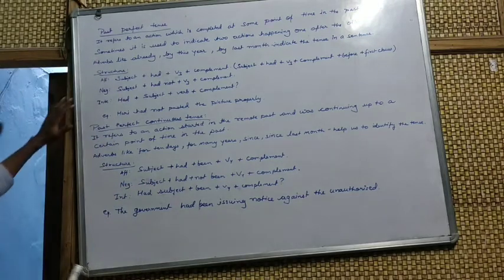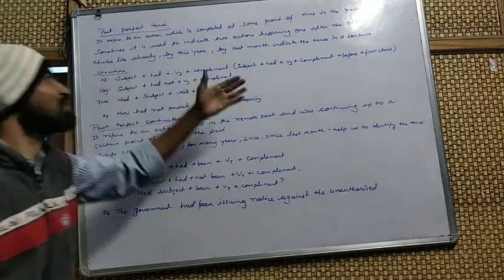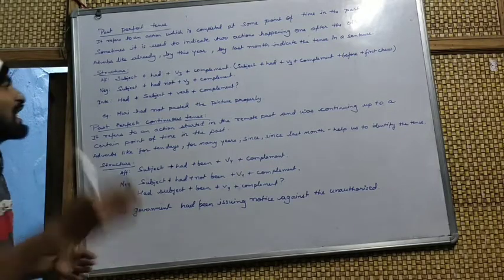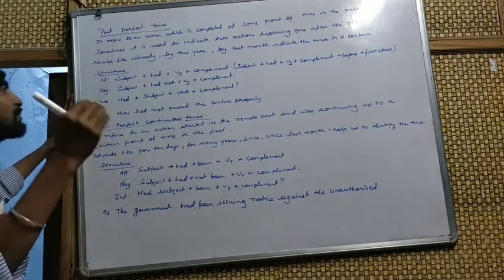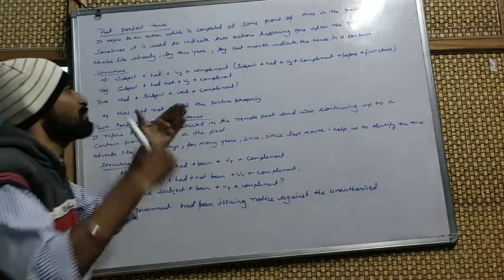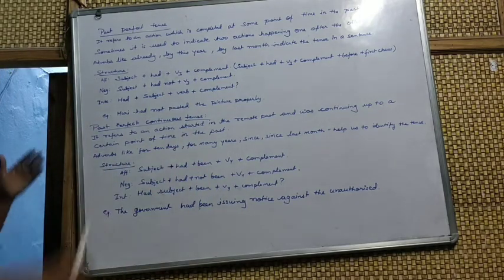Okay. Now in negative sentence, subject had not plus V3 plus complement. This is the negative form. Had, and after that what we will add? Not. Okay. Interrogative form: had should be in the front, had subject verb plus complement.